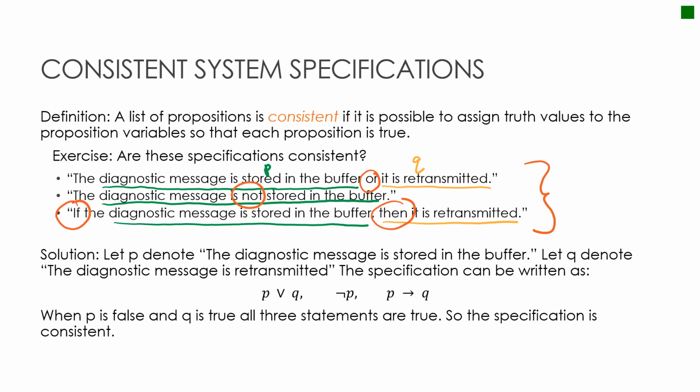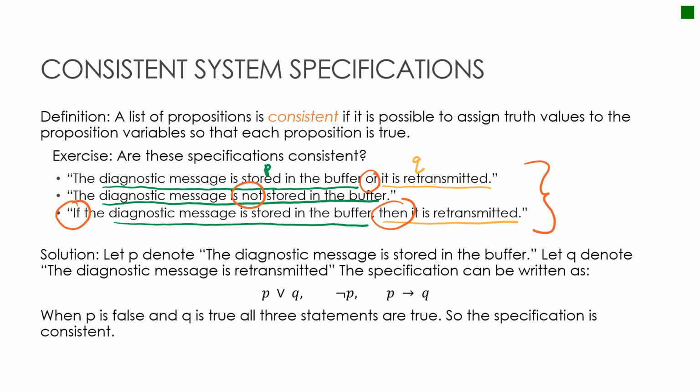So once we get to this point, now we have to look at, can we assign a truth value to P and a truth value to Q so that the truth value of P or Q, or not P, or P, if P then Q, would all be true.